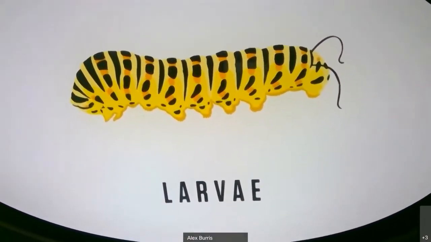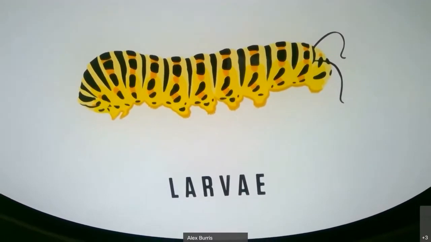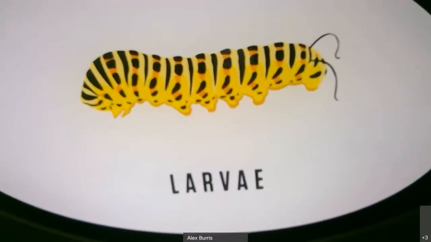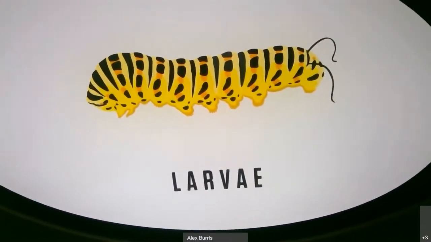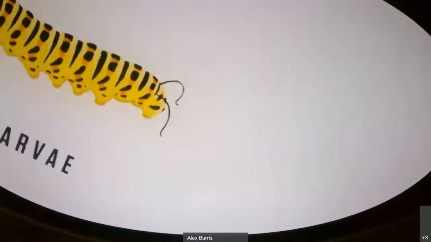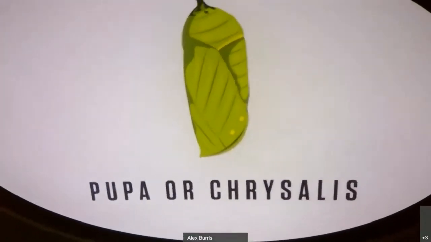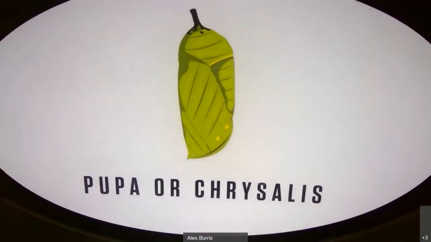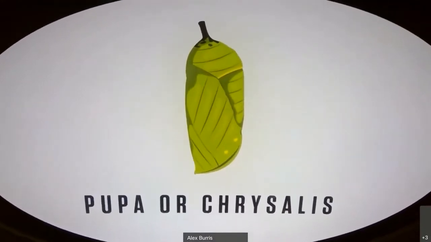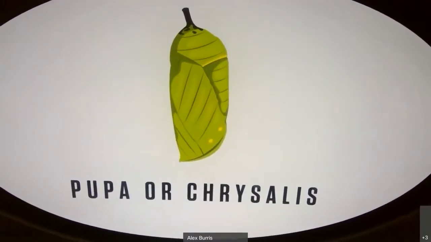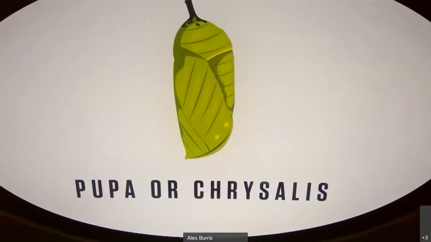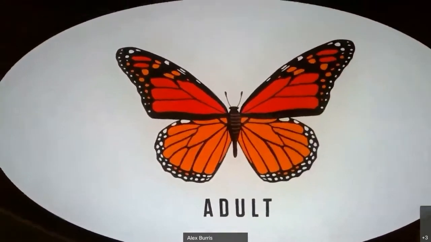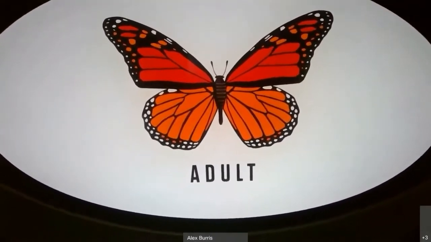Yeah, and then what comes next? After it's a caterpillar, it becomes a chrysalis. Excellent. Or we might call it a pupa. And then what's the last step in that? After a pupa? Yeah, it's an adult. So that's called complete metamorphosis.